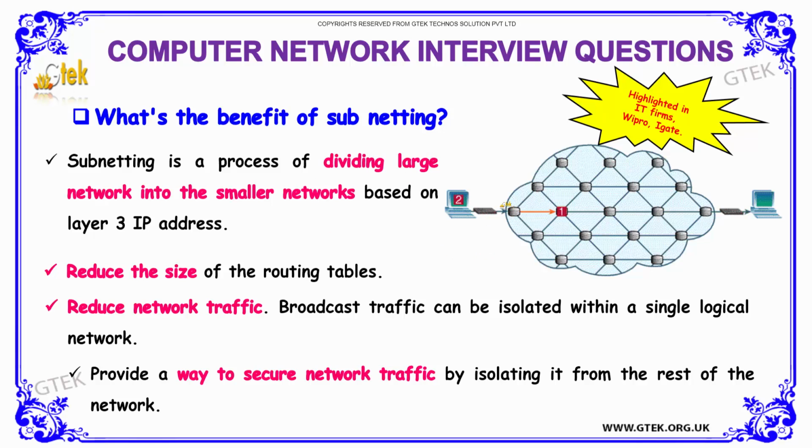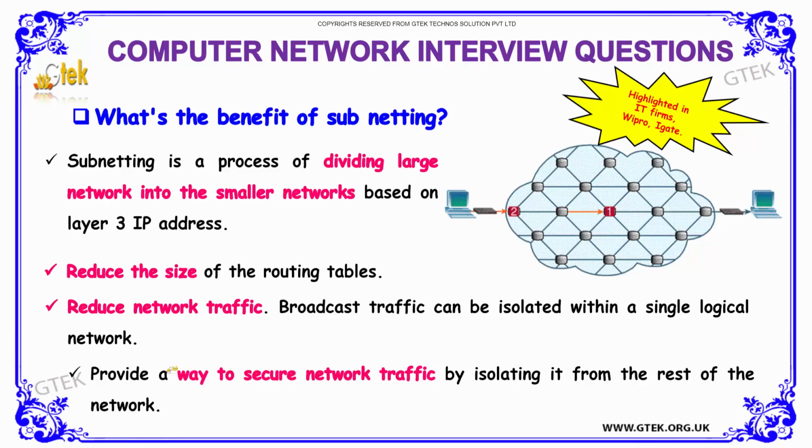It reduces the size of the routing tables and it can be maintained easily. By implementing subnetting, you can reduce the network traffic. Broadcasting traffic can be isolated within a single logical network.